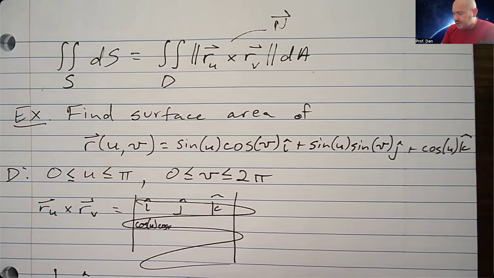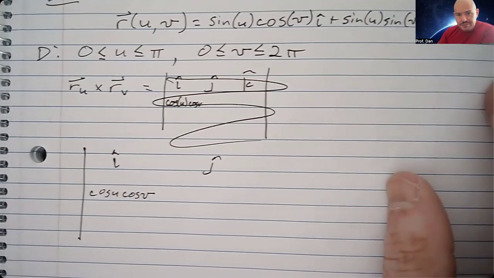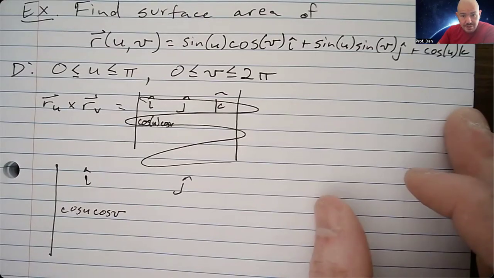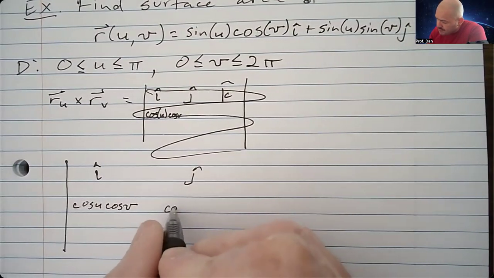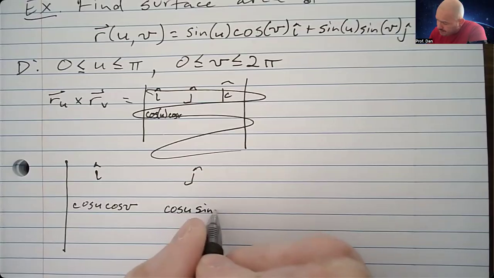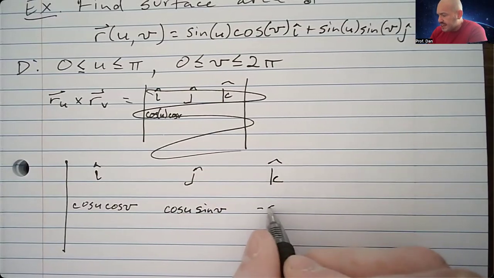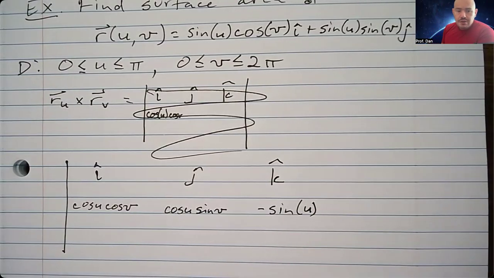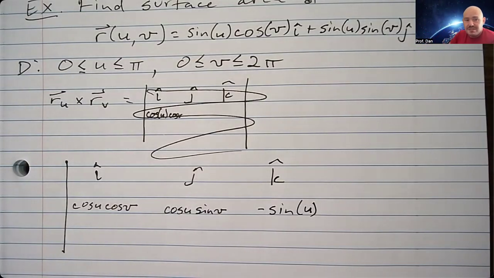And then for the j component, we end up with the derivative with respect to u, cosine u, sine v. Then for our k component, negative sine u. And then our third row, we're going to take the partial derivative with respect to v.